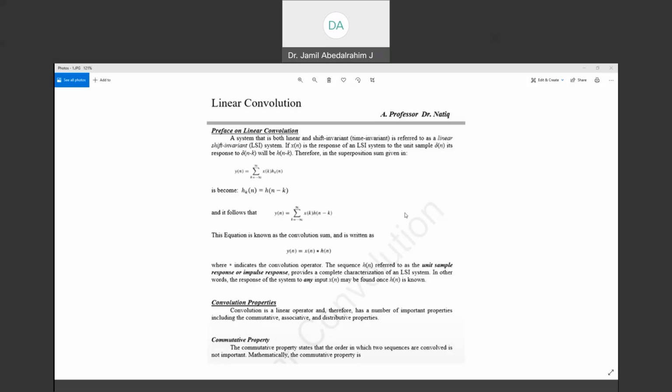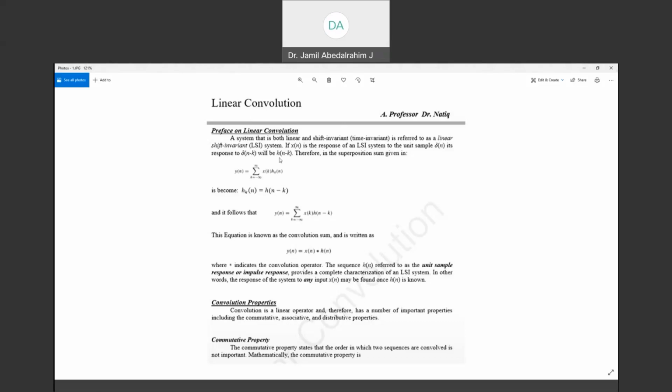But if the given question states that we need to find the y of n using convolution, then we will use the convolution method, which is the perfect way to find the output from the input x of n and h of n, which is the unit impulse response, or we can say the system equation or the device equation. Okay, so as you see here, linear convolution.